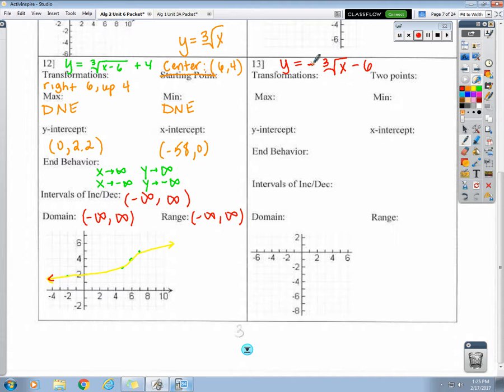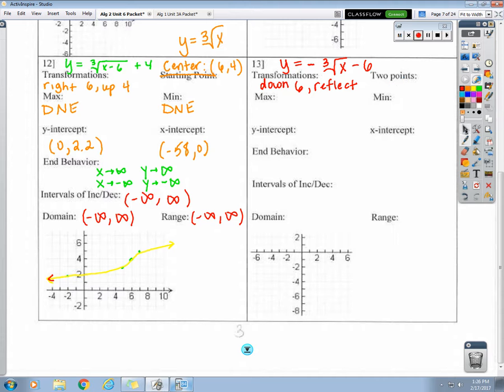The negative. Okay, so we'll have to look at it and see what that causes. And the minus 6. Well, we kind of know without graphing it what the minus 6 is going to cause. What is it going to cause? Down 6. Does anybody know what the negative will cause? A flip or a reflect, right.